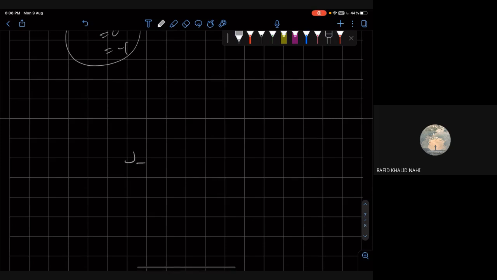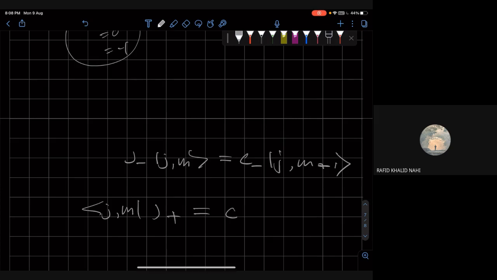So we have J minus acting on Jm, and that gives you C minus Jm minus 1. If I take its Hermitian conjugate, I get Jm J plus equal to C minus star J M minus 1.